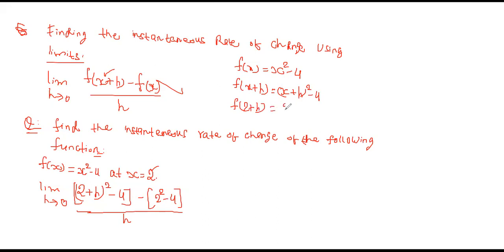It will be equal to 2 plus h whole square minus 4. Again, here you have x is equal to 2, so f of 2 equal to 2 square minus 4. Got it?